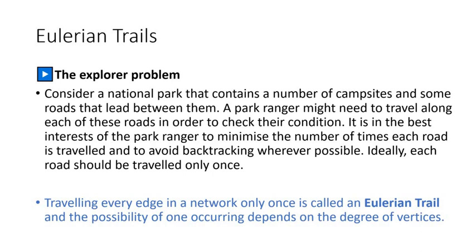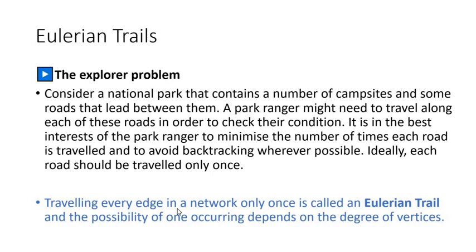So if that was you, do you want to be going up and down the same road multiple times? It's a bit of a waste of time. So ideally, you want to travel each road once. So if there is a graph where you can travel along every edge of that graph once and not repeat any edges, we call that an Eulerian trail.